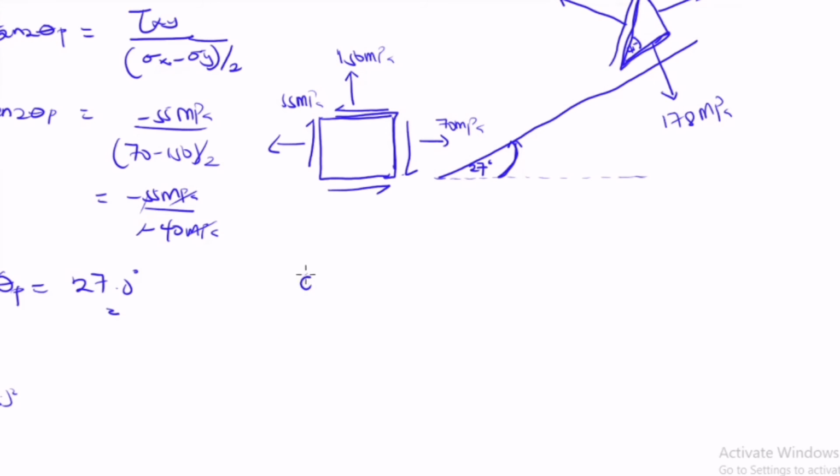So with C, they are asking us to what? Compute our absolute maximum, right? That is question number C, absolute maximum. And for the absolute maximum, that is tau abs max, we will use the principal stresses. And for the principal stresses, we notice that they were all positive.